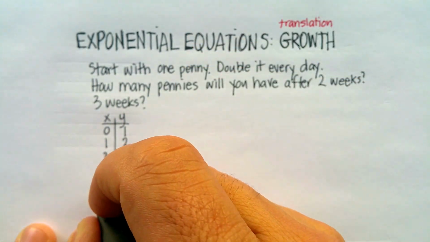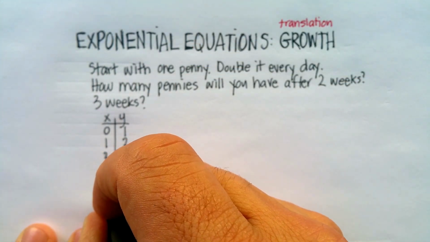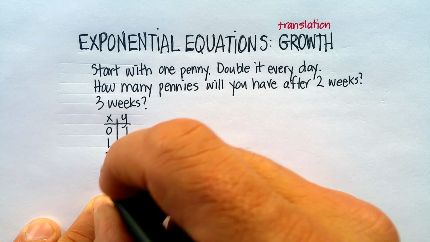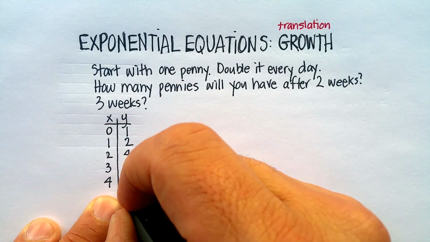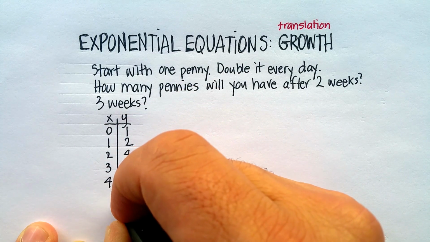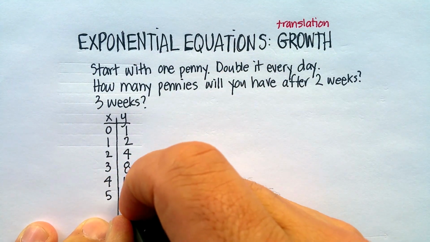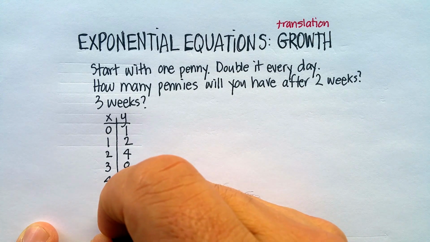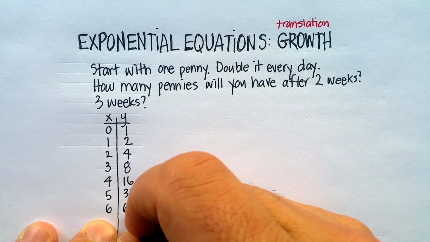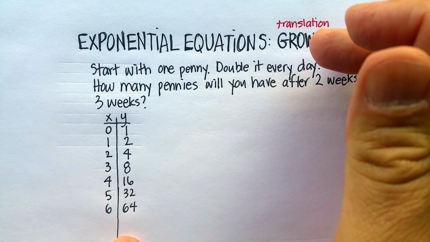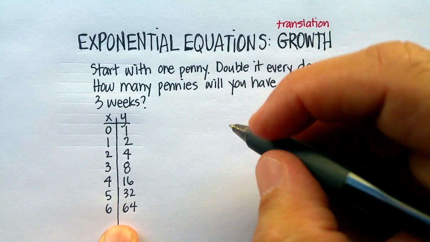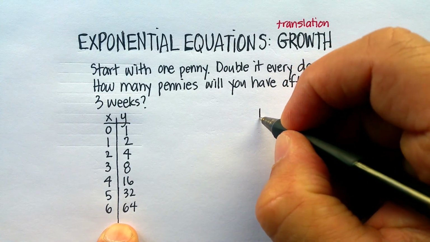Your parents are probably loving it. After 4 cycles through, 4 days, now we have 16 cents. Let's keep going. After 5, 32 cents. After 6, 64 cents.